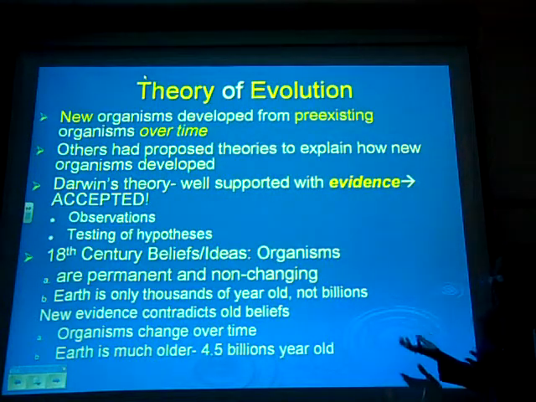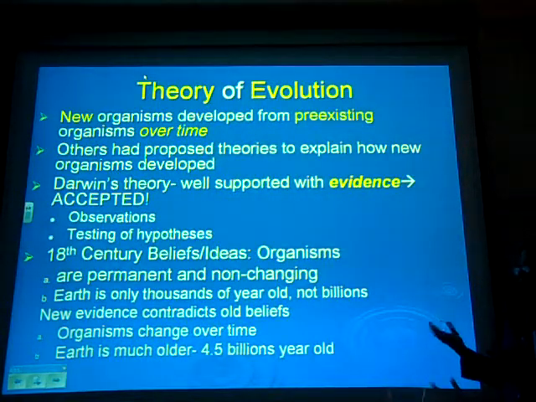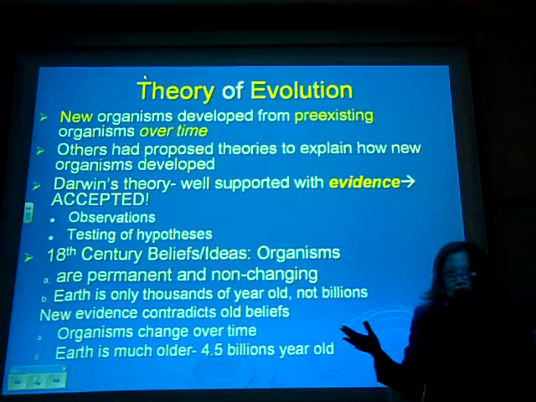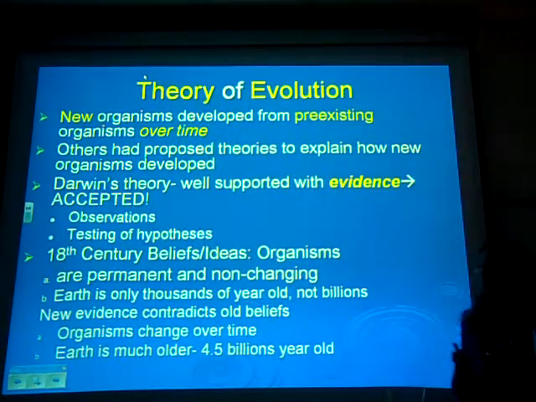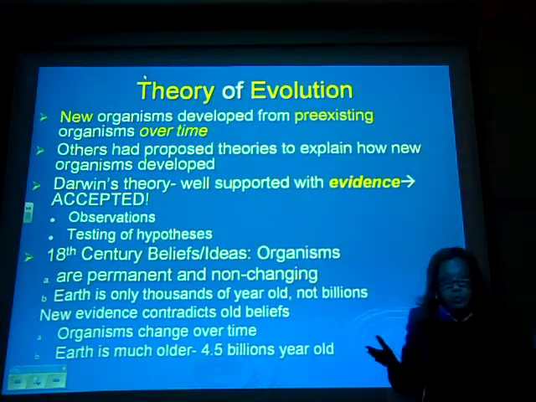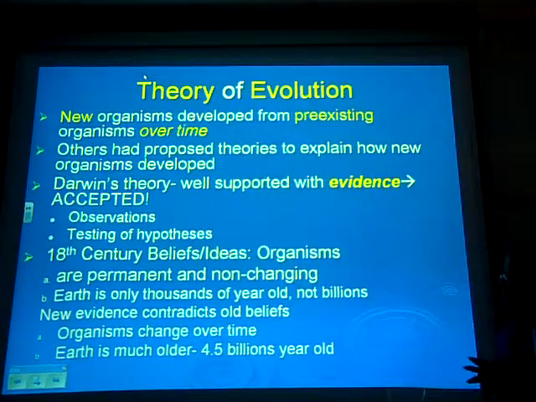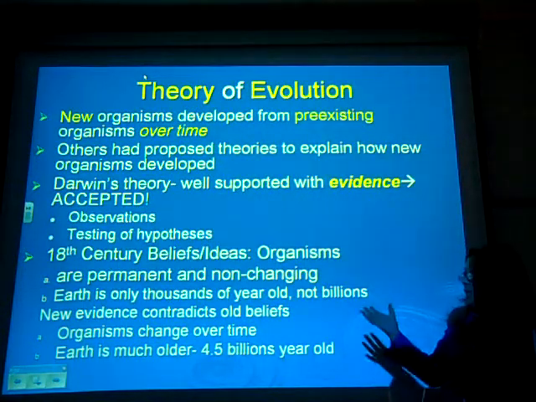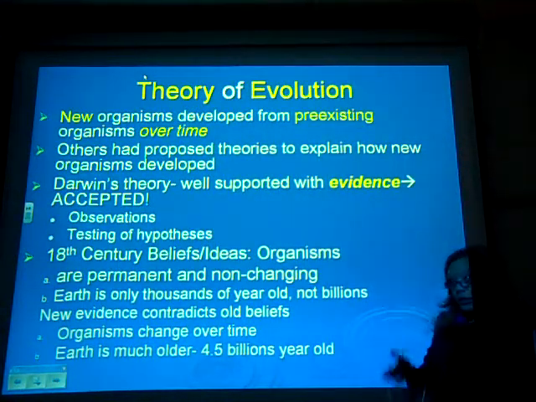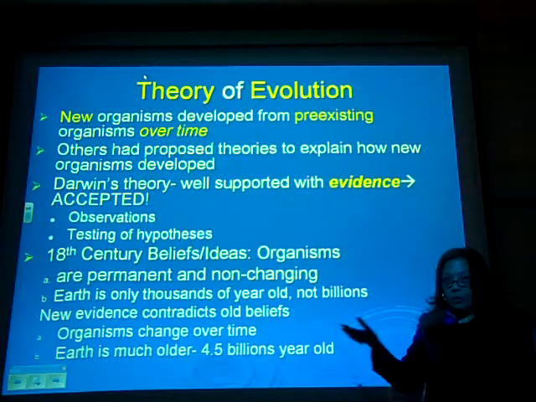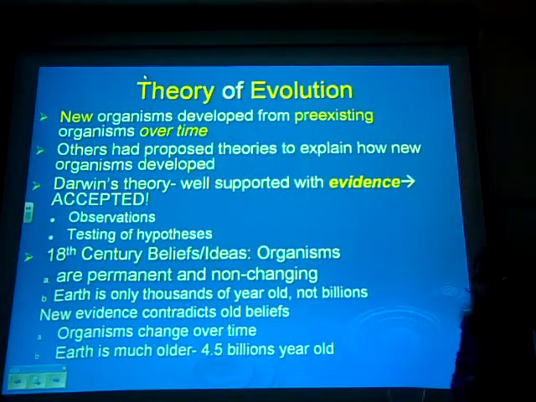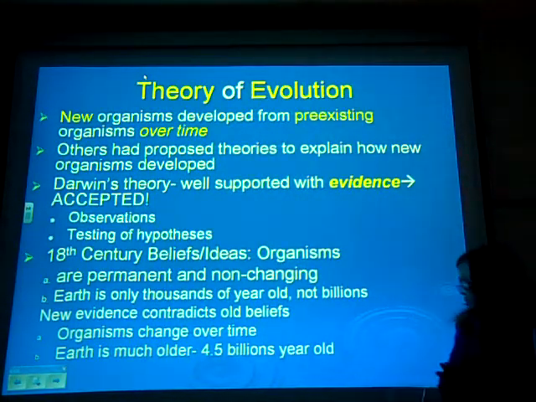Now, during his time, the 18th century, the beliefs were drastically different from what he was proposing. So of course it was very controversial. Evolution is still controversial today. But what were the ideas back in the 1800s? Well, that organisms were permanent, that they were here for eternity, and that they basically did not change.